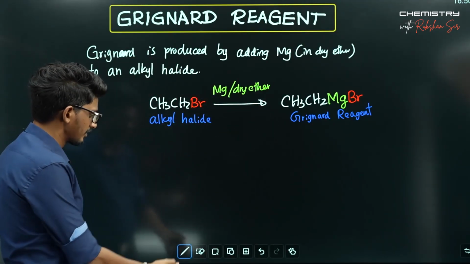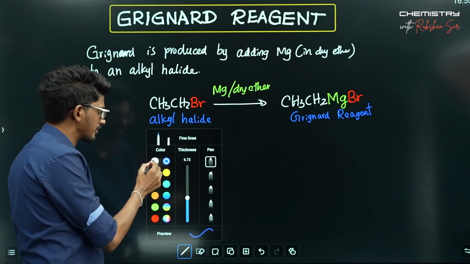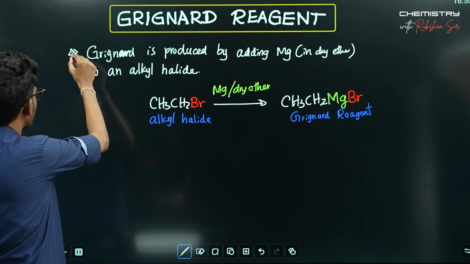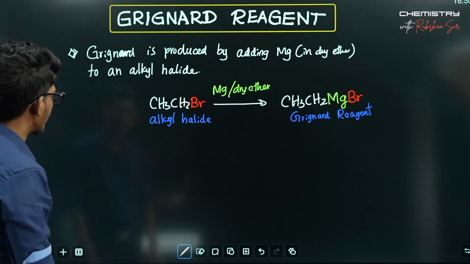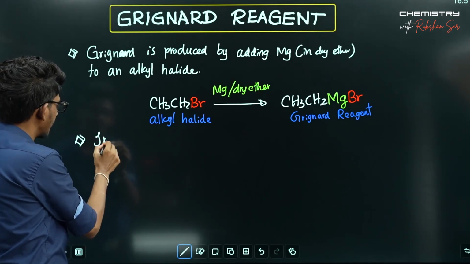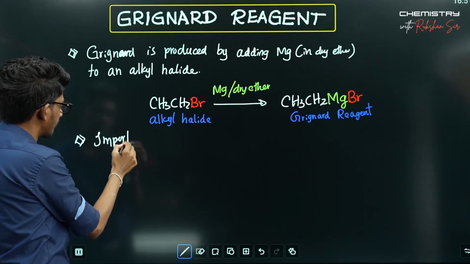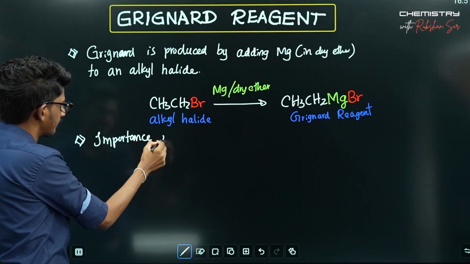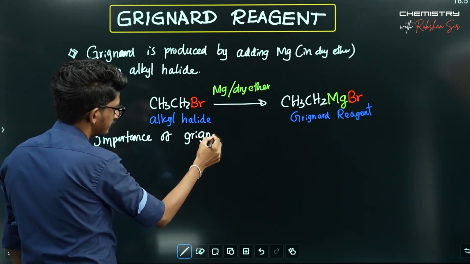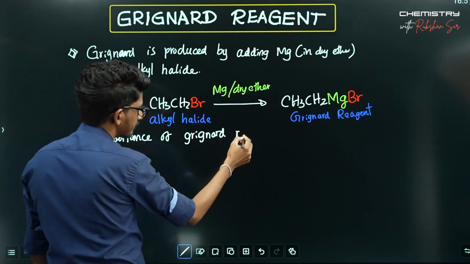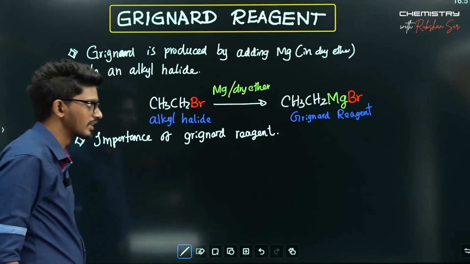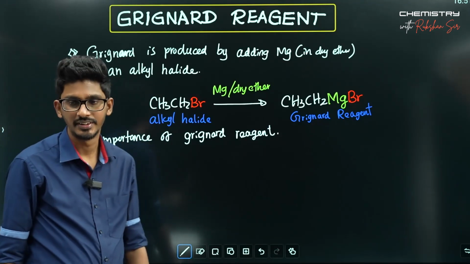So let's discuss the importance of this Grignard reagent. Why are we supposed to produce this kind of reagent?